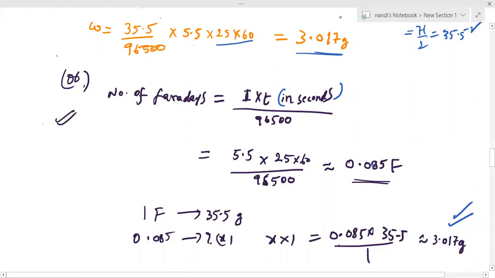The chat box is blocked. If anyone has my number, make it send SMS. Yes or no? Any doubt in this question?